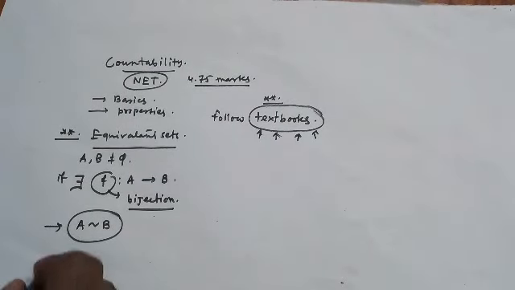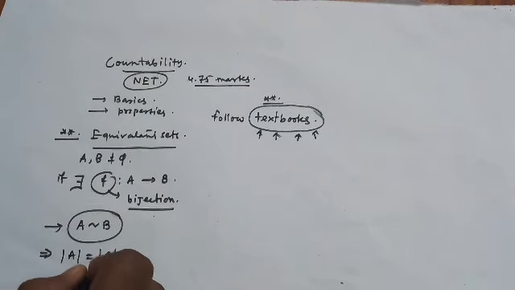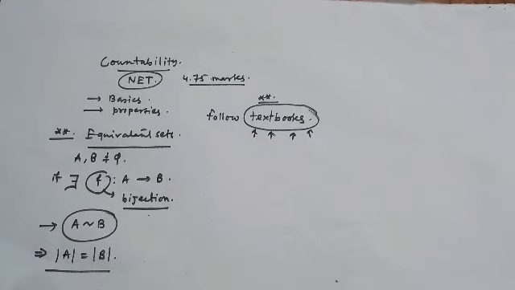As a consequence, the cardinality of these two sets is the same. So when we have two equivalent sets, immediately we should think that their cardinality is the same. It is always true for the case of finite as well as infinite sets.